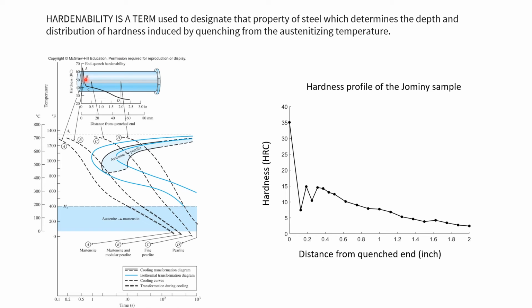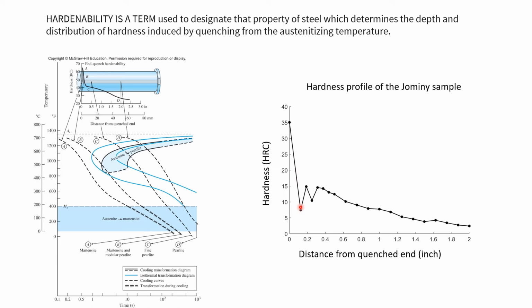Somewhere in between, like locations B and C, is also associated with the cooling curves shown here, giving a mixture of martensite and pearlite, and so on. So you will likely see the hardness gradually decrease as the distance increases from the quench end.